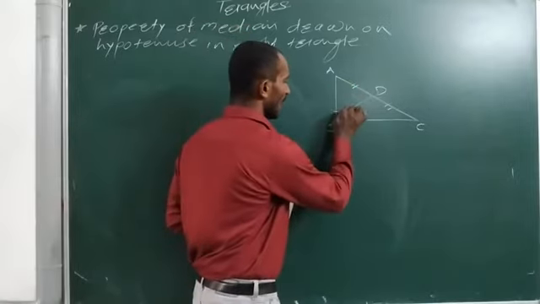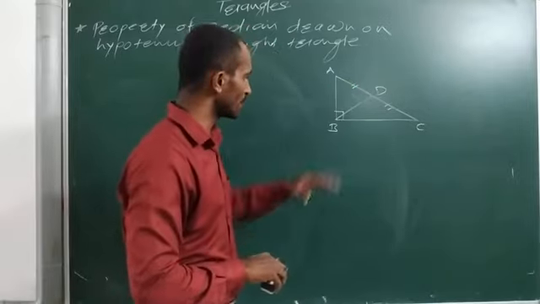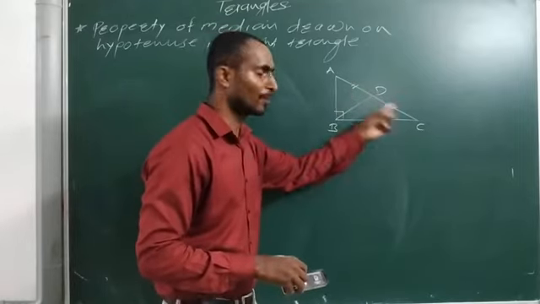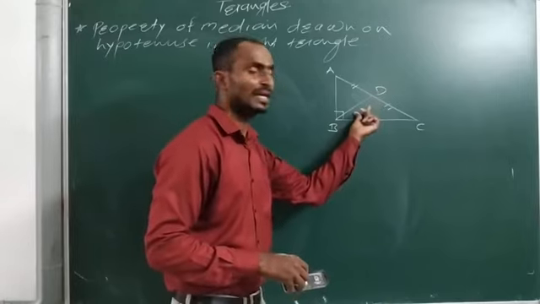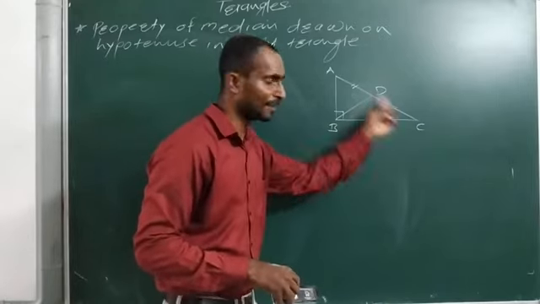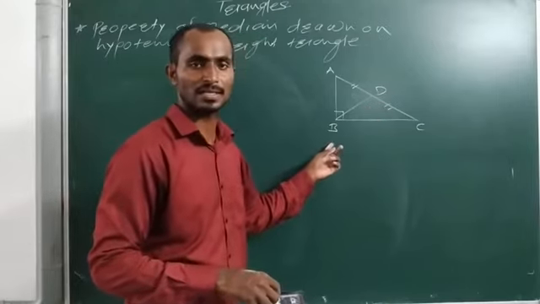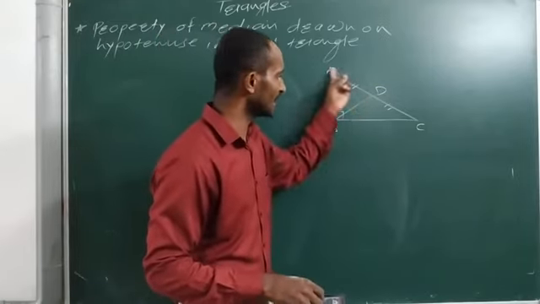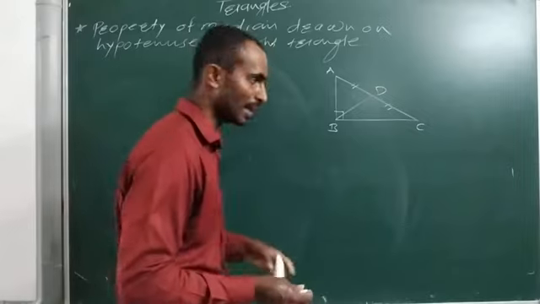Suppose according to this figure, triangle ABC is a right angle triangle and D is the midpoint of side AC. So BD is called the median drawn on the hypotenuse AC from the right angle vertex. According to our property, median BD is exactly half of AC. तो यही हमें शो करना है.